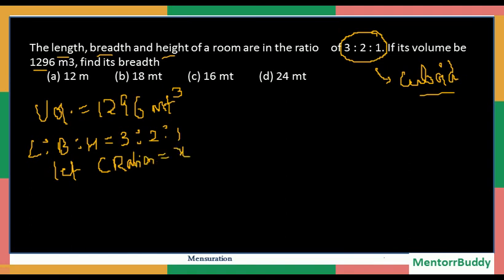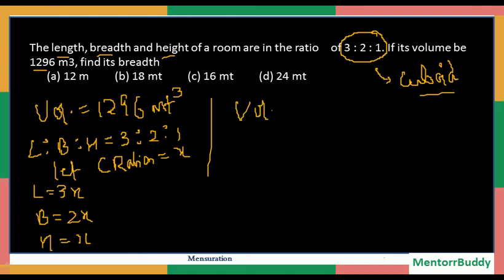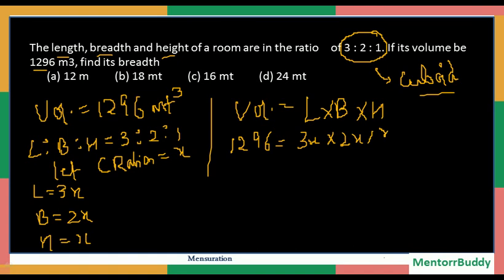So the length L will be equal to 3x, breadth will be 2x and height will be x. Now applying the formula, volume is equal to length into breadth into height. The volume was already given, that is 1296, length is 3x, breadth is 2x and height is x.